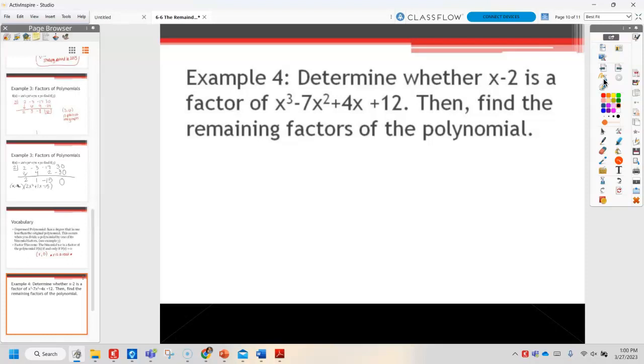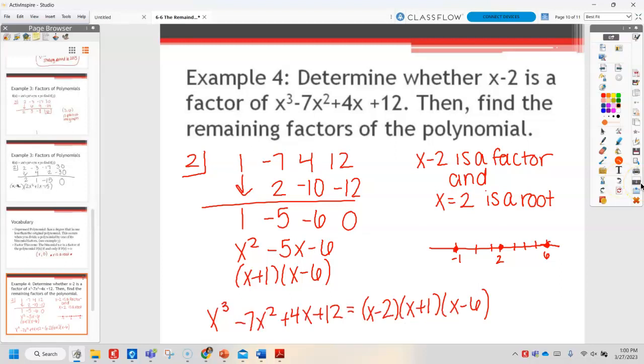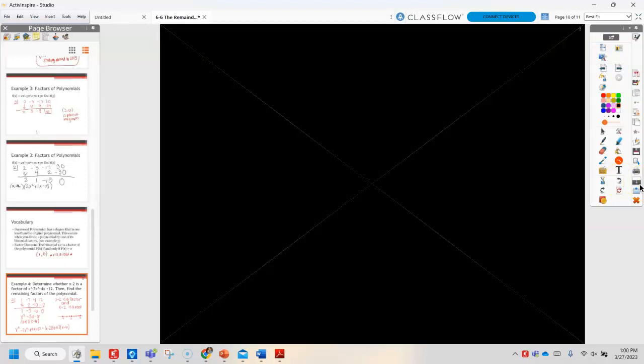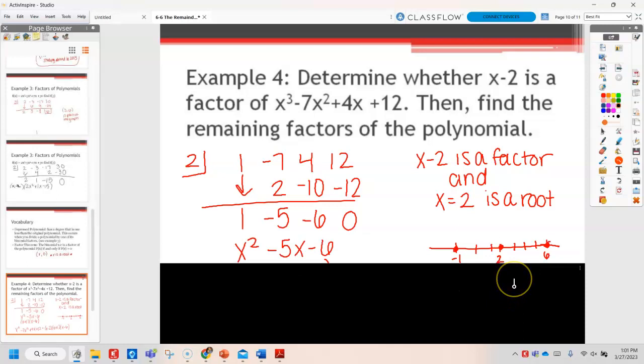You would want to set up your synthetic division. And since nothing is grading, I'm just going to cheat and leave them up today. So you would put 2 in your box because it's the opposite of your divisor. Bring down your values. You see that you get a 0. Because you get a 0, it determines that x minus 2 is a factor, thus making x equals 2 a root. And like I said, tomorrow we're going to review factoring.